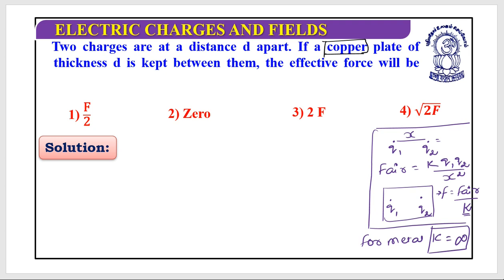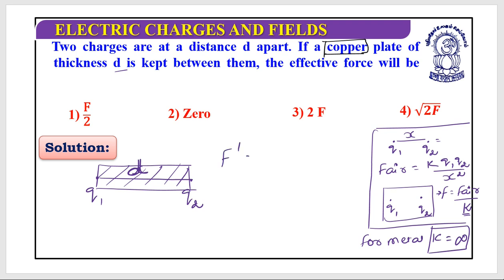So now the situation is, let's say this is charge q1, this is charge q2, and this is x. Between these two charges, a copper plate of thickness d has been introduced.